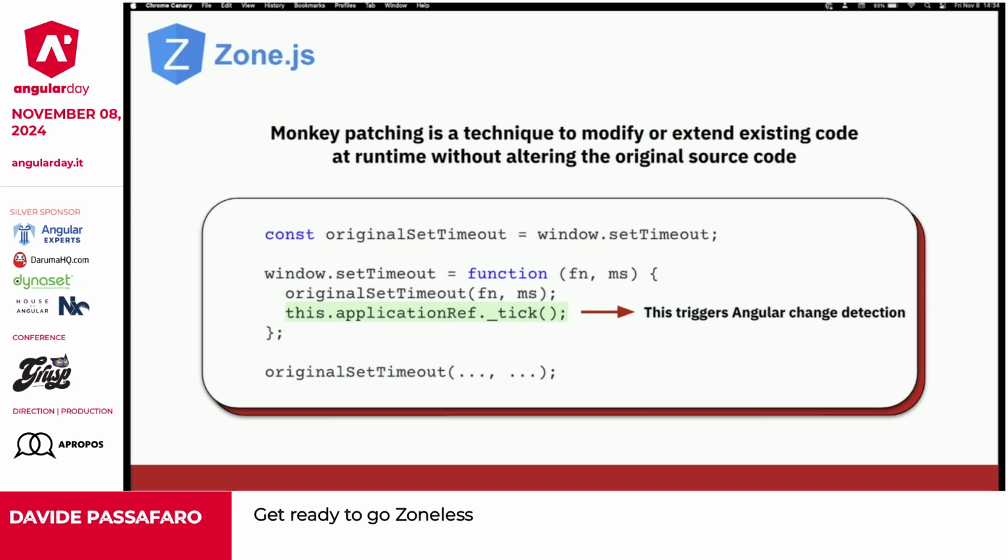So you don't have to change the actual code, but you can override something at runtime. This can be a simplified example of what Angular does with some APIs. At the end of the APIs, Angular calls a method called tick of the ApplicationRef, which is actually what triggers the change detection.